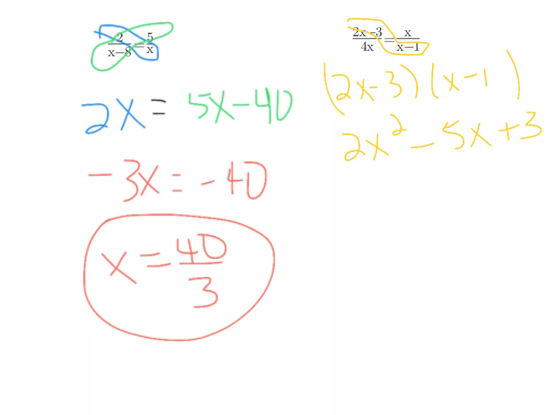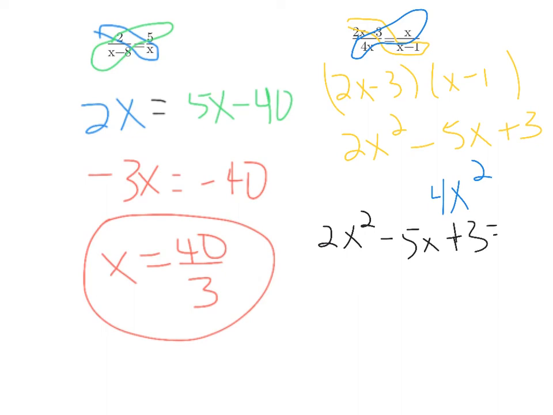Then I would multiply my 4x by x to get 4x squared. And I would have set my cross products equal to each other and have the equation 2x squared minus 5x plus 3 equals 4x squared. Now since I have a quadratic equation, I would set it equal to 0 and factor and solve with the zero product property.